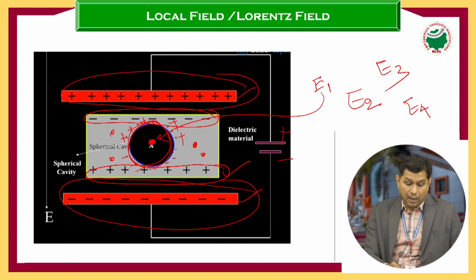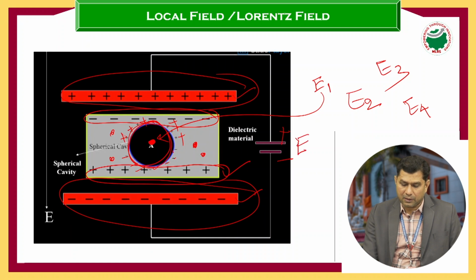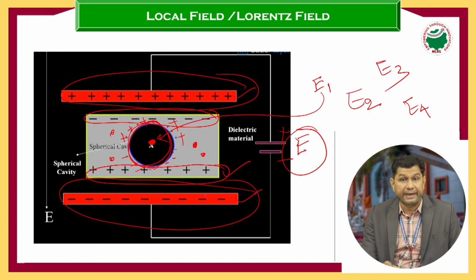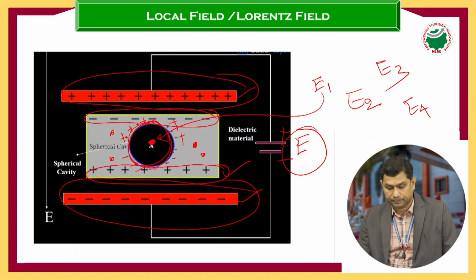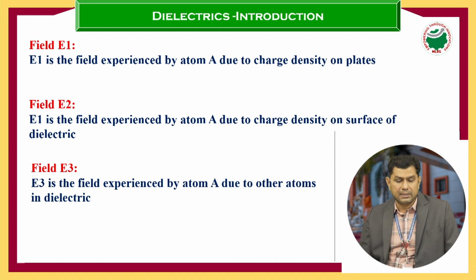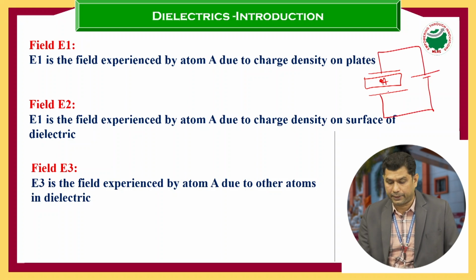Like this, atom A experiences not only the field provided externally, but also the internal changes in the dielectric material. Just now we discussed this: this is the dielectric material, inside is the atom A, and this is connected to the positive terminal and this to the negative terminal.